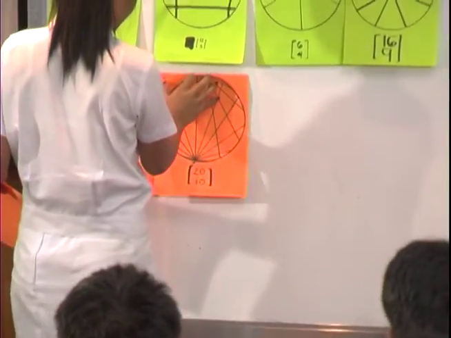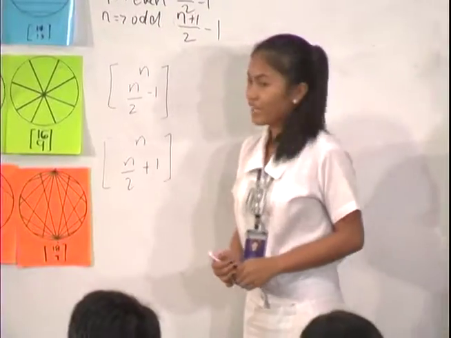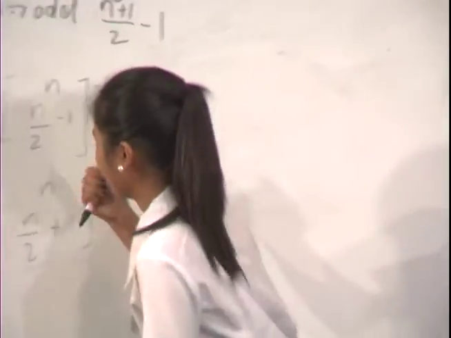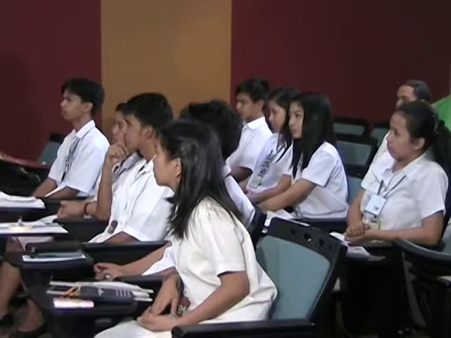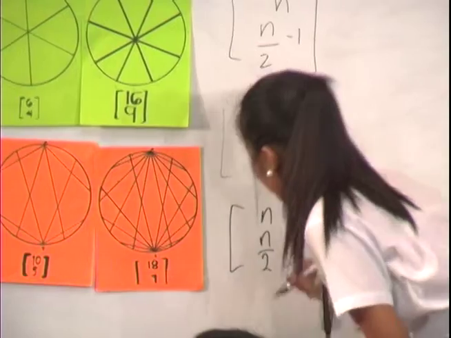Okay. Oh, we have another set of interesting graphs. We were asked to give different even numbers and graph with the factor n over 2.